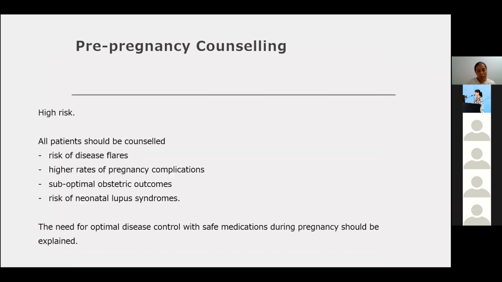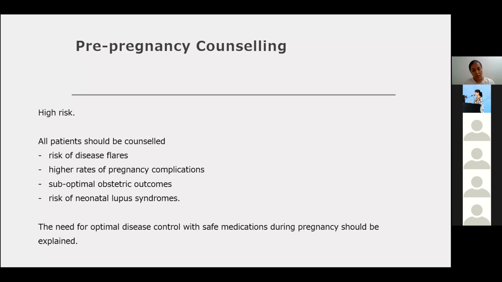And despite all these assessments, patients should be counseled, because even for a patient with well-controlled disease, pregnancy is a high risk. The disease can flare up, and there are higher rates of pregnancy complications than in a normal pregnancy.